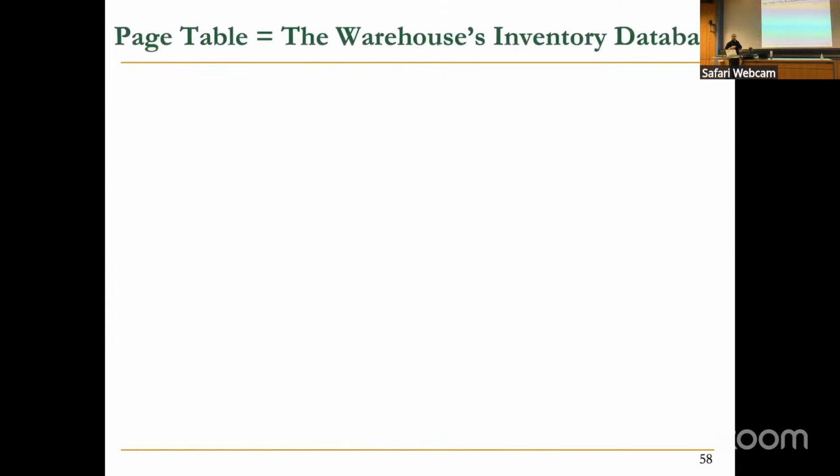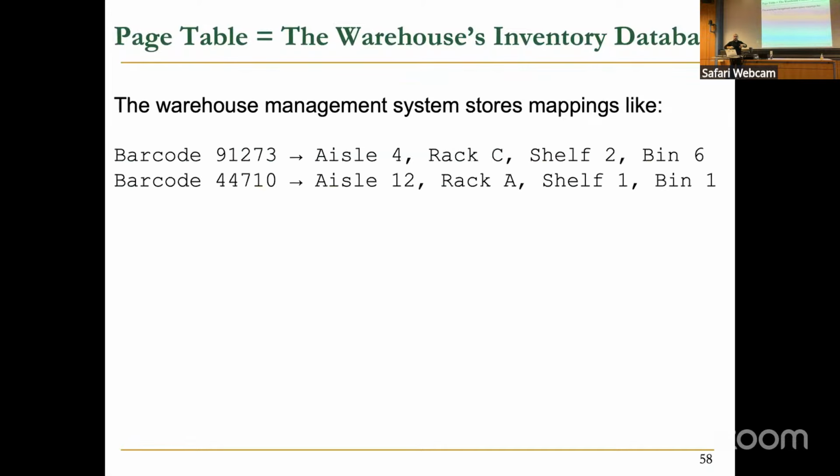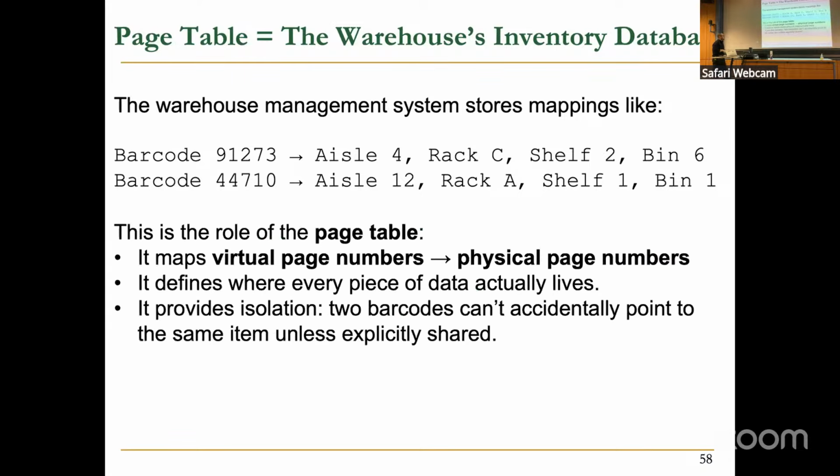Another real-life example of what is the page table, basically. The warehouse management system stores mappings like, oh, this barcode is in AL4, in rack C, in shelf 2, in bin 6. This other barcode is stored somewhere else. So this is the role, basically, of the page table. It maps the virtual page numbers to the physical page numbers and defines where every piece of data actually lives.